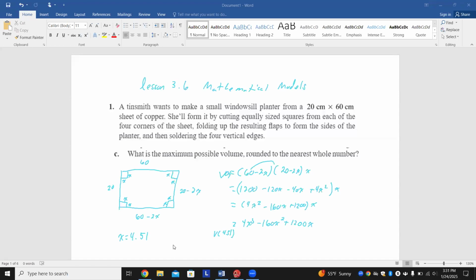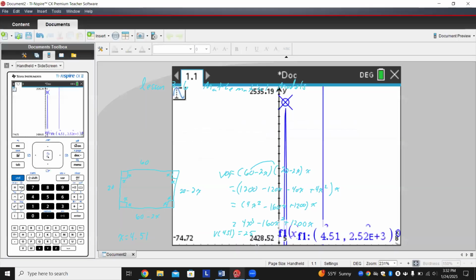There you go. And so I get a volume of, oh, I got it written down over there. I get a volume of 2520, right? 2520.